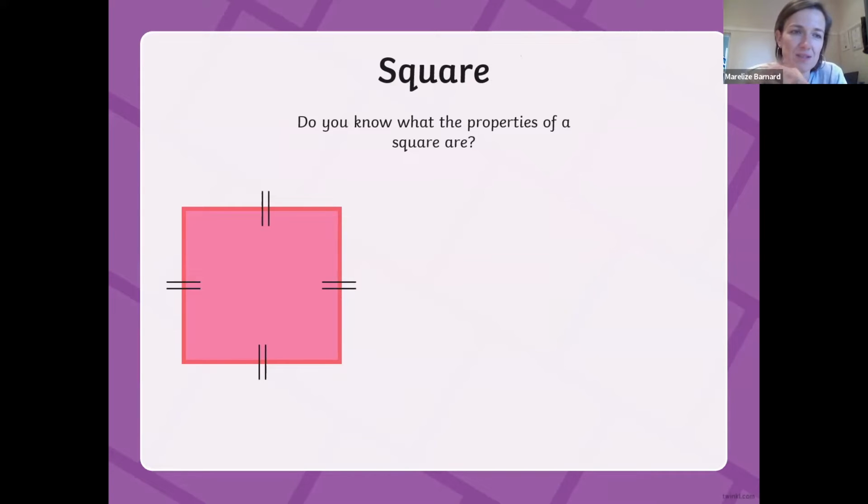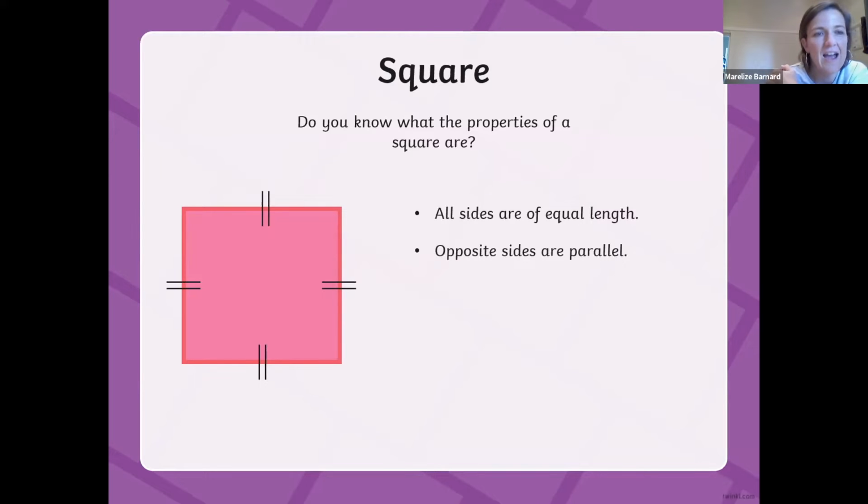Square, you've learned since like grade 1. All the sides are equal. Give me something else as well. The angles, yeah. The opposite sides are parallel.